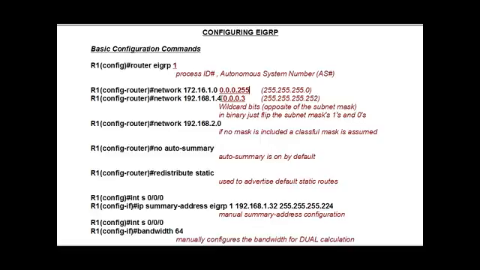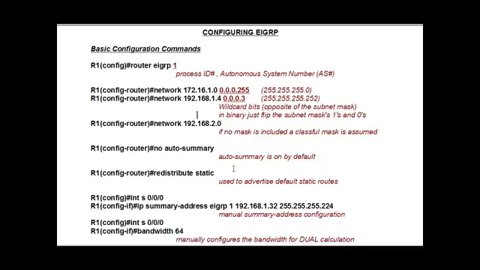And then here it would be like a /30 subnet mask, and this is what the wildcard bits would look like in the /30. So then I've added a network, and then here you can also just add a network and not put wildcard bits or subnet mask, and then EIGRP will assume it's going to be a classful wildcard bits or classful subnet mask.